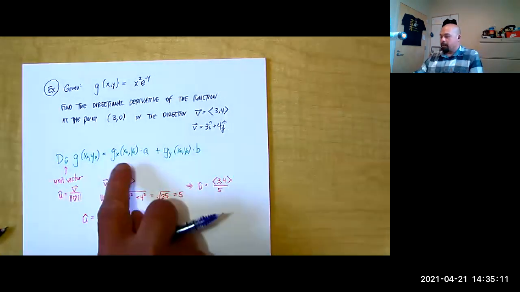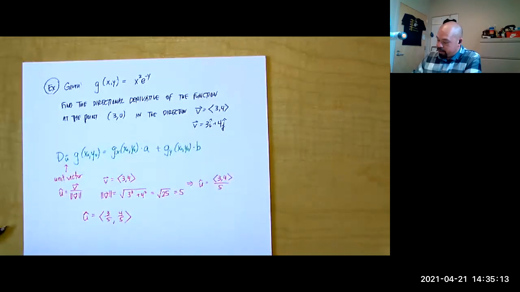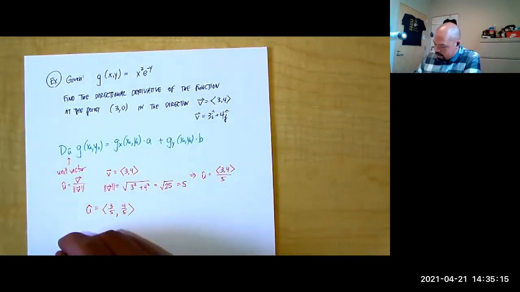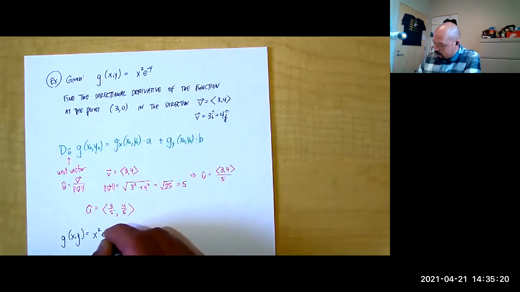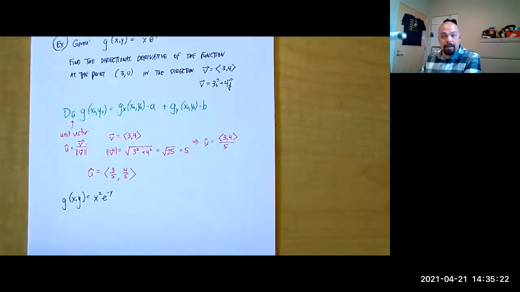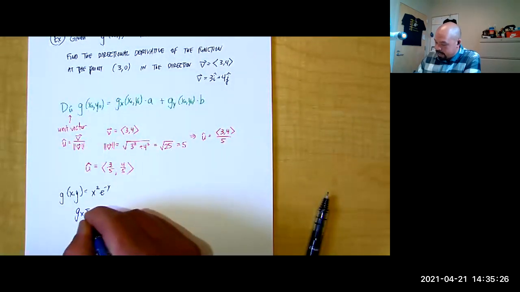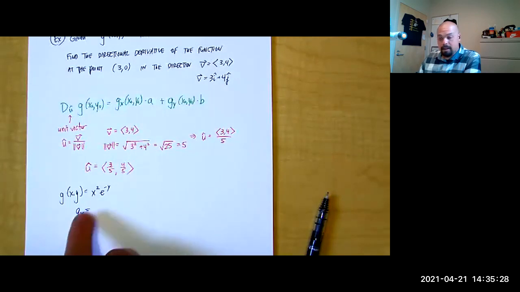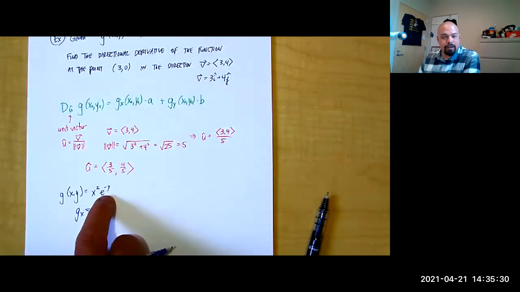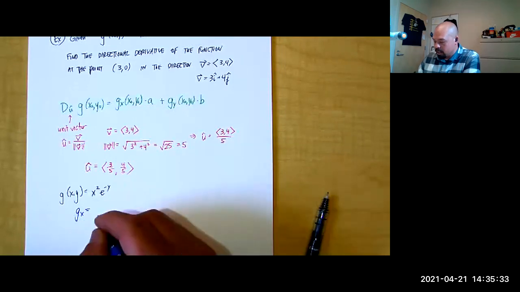Now, for our partials, if our function is that product, x squared e to the negative y, my partial with respect to x, this e to the negative y, since there's no dependence on x, is just a constant, it's going to stick around.